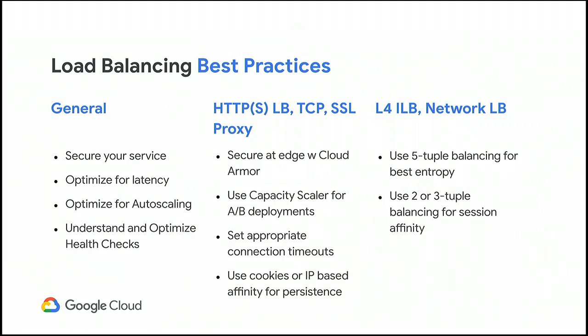Now, once you have selected that, a few points that I wanted to highlight is the first one is secure your service, right? So we have seen several of the best practices here in the demo, and also we talked through it. So TLS everywhere, that's the first point. So do TLS on your front end using your cert or leveraging the Google Managed cert, so you don't have to be concerned about renewals.